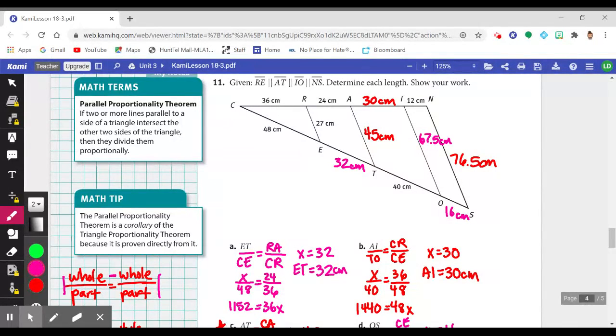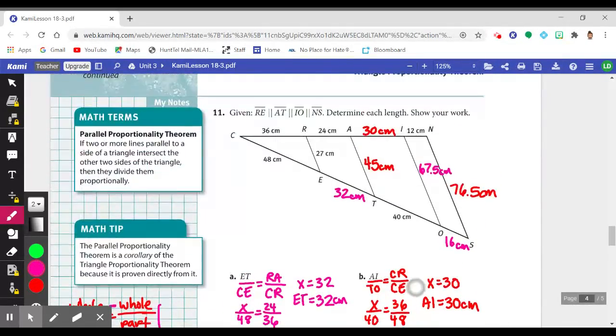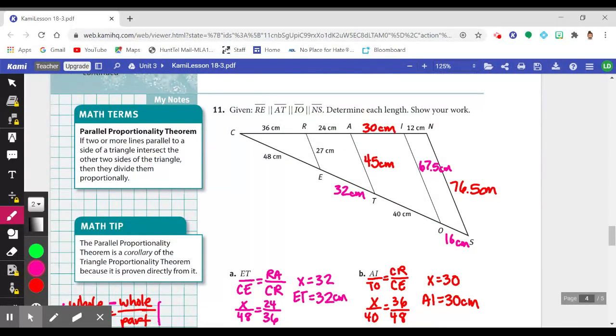It's actually a complete side of triangle CIO. So when we perform this proportion, we need to compare IO to another whole side in a similar triangle. So IO, I believe, and I'll check just to make sure, I compared it to something we already found, AT. So IO corresponded to AT.